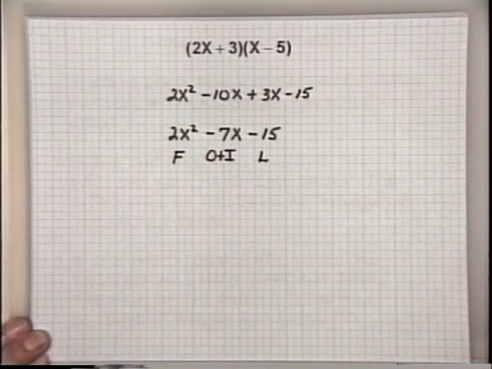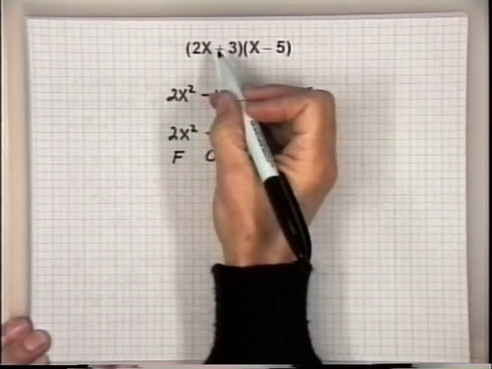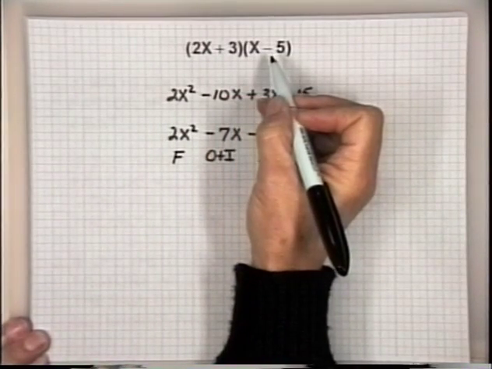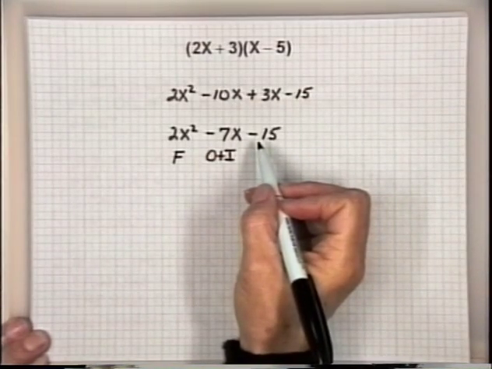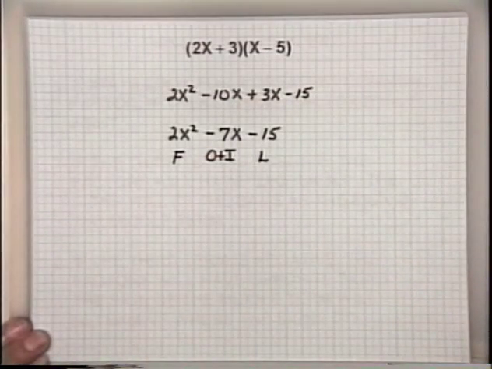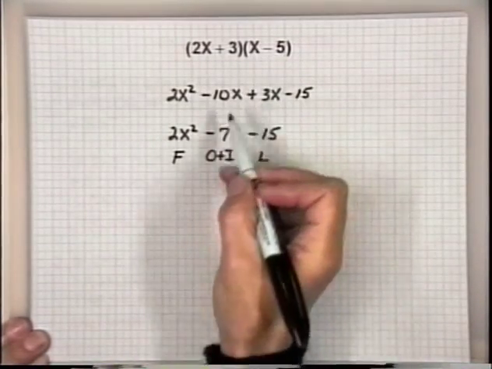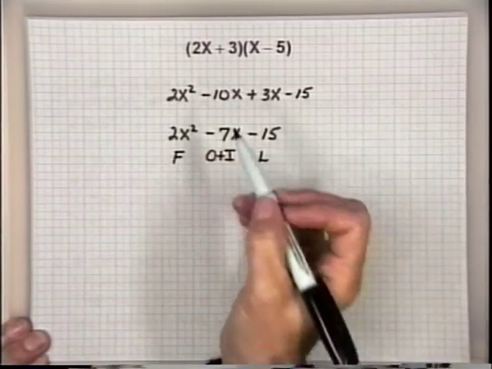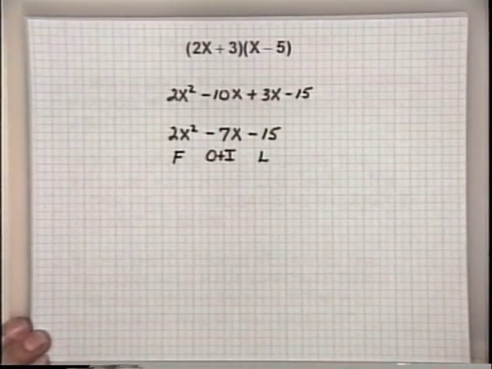We also remember that our third term will be negative when our factors have opposite signs like this one. If our two factors have the same signs, this third term would be positive. And remember, if these are both plus signs, the middle term would also be positive, but if these are both negatives, then that middle term would be negative.